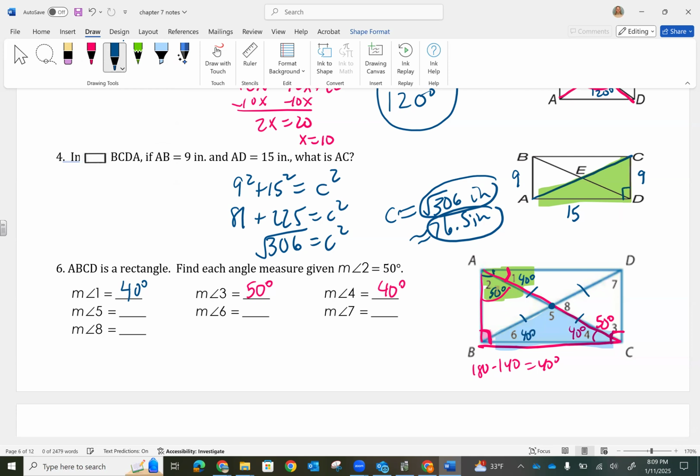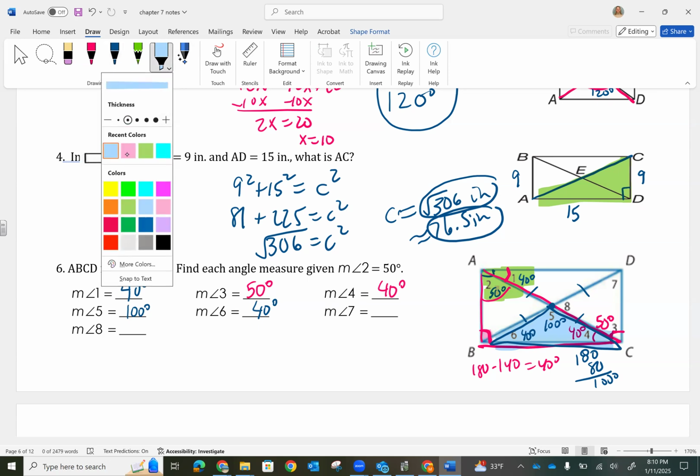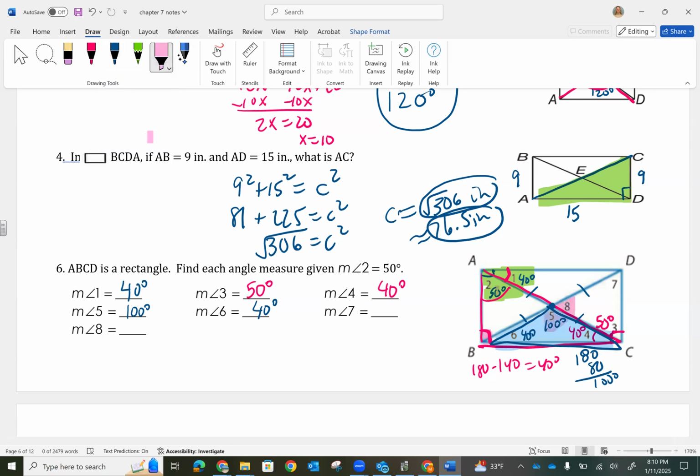So these will both be 40 degrees. And then also this bottom triangle, if we know 2 of the angles make 80 degrees total, 180 minus 80 means that top angle has to be 100 degrees because of the triangle sum theorem. And then because this is a linear pair, angle 8 has to be 80 degrees.